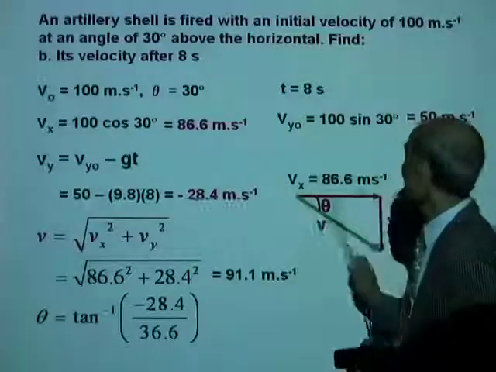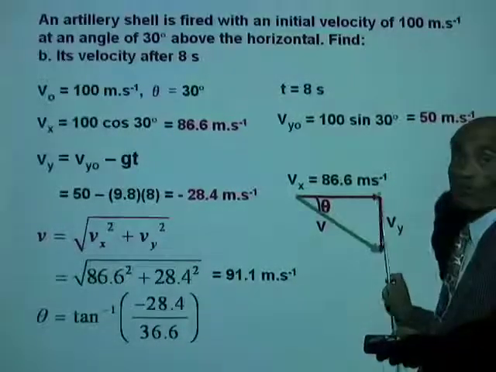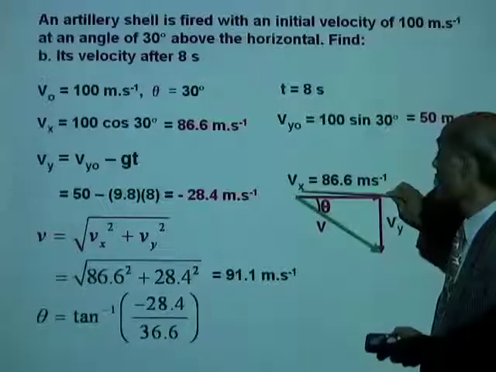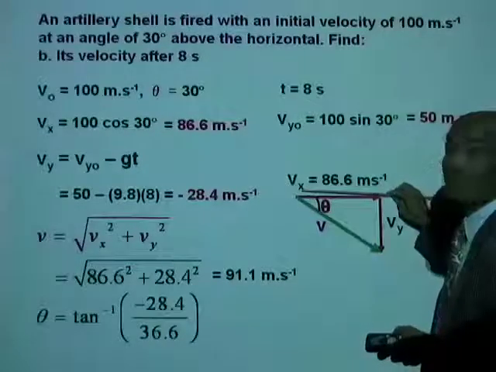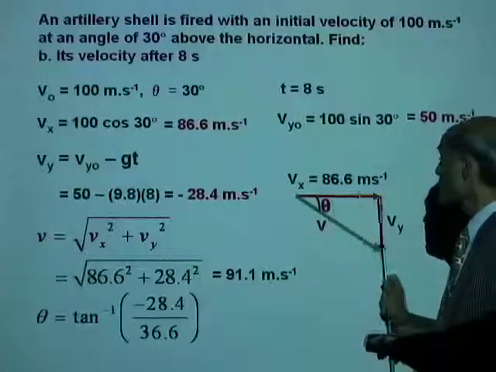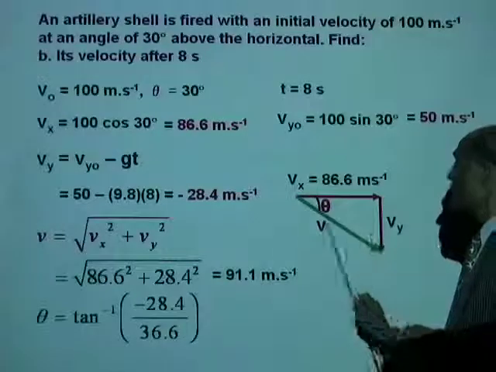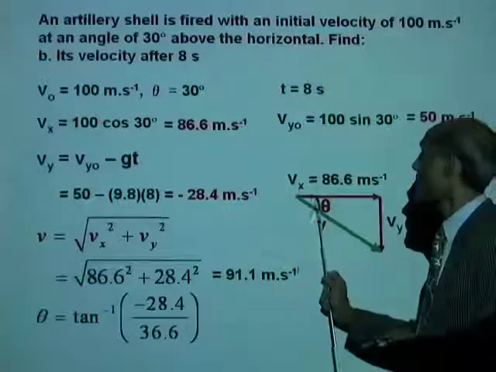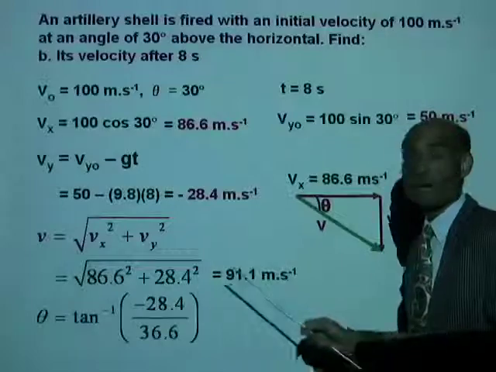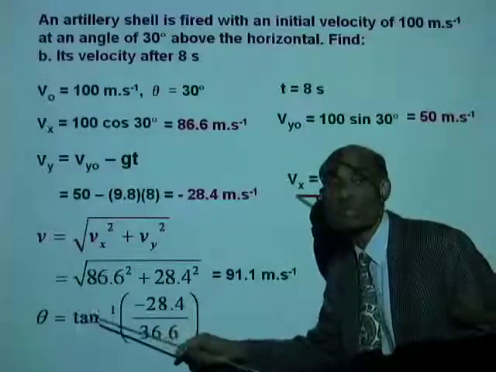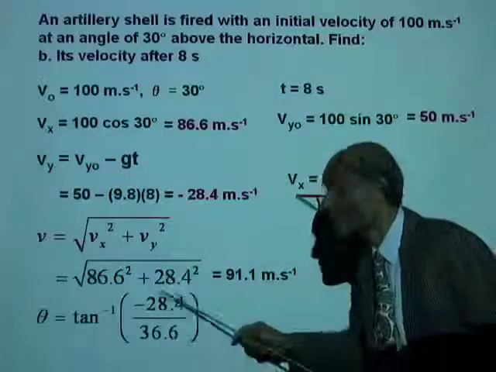No, it will be negative 28.4 divided by 86.6. Is that right? Tan theta is negative 28.4 divided by 86.6. And therefore theta equal to tan inverse of that quantity.